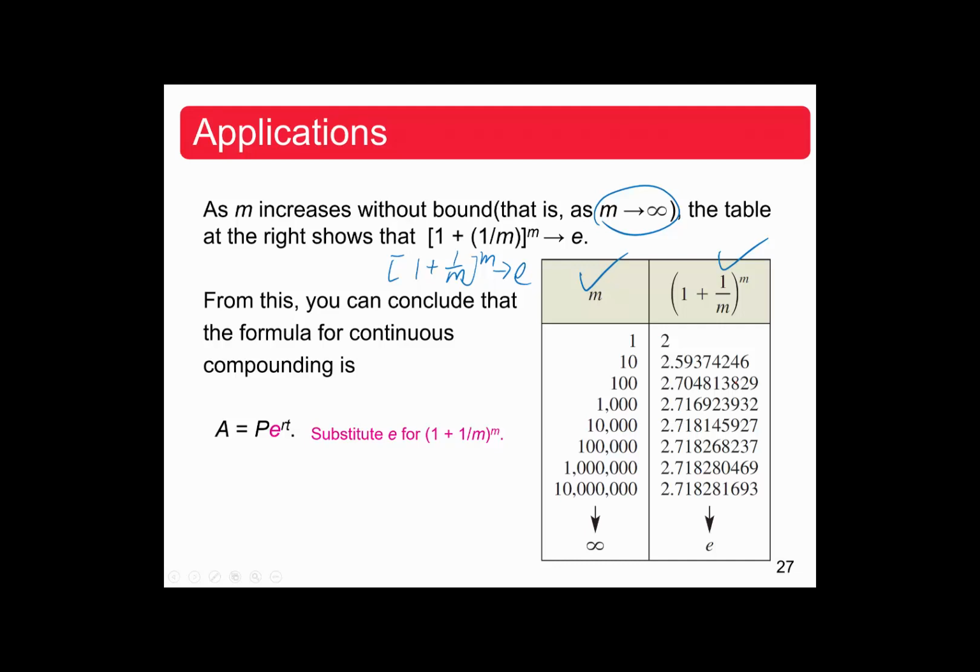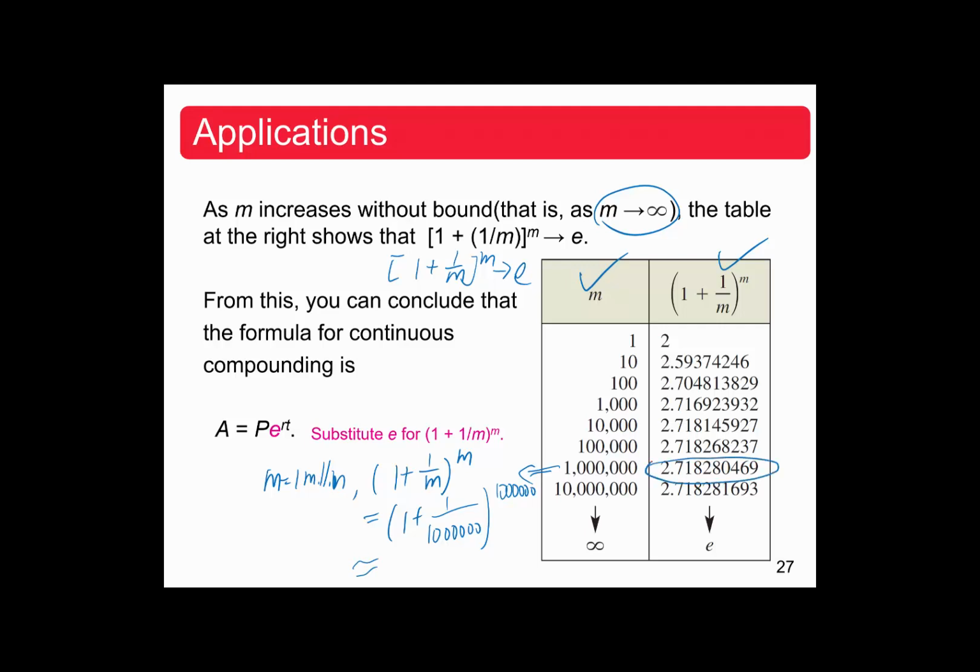Let's say m equal to 1,000,000. Then plug in a million here: 1 plus 1 over 1,000,000, to the power of 1,000,000. You put it into the calculator, and then you get this result right here.